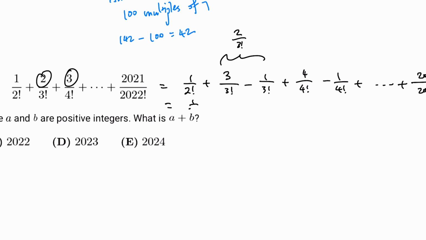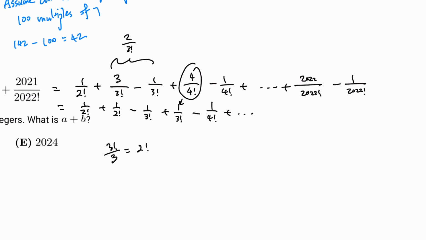You notice that here it collapses, because 3 factorial divided by 3 is just 2 factorial. So that collapses into 1 over 2 factorial minus 1 over 3 factorial plus 1 over 3 factorial, and that collapses into minus 1 over 4 factorial plus ... plus 1 over 2021 factorial minus 1 over 2022 factorial.